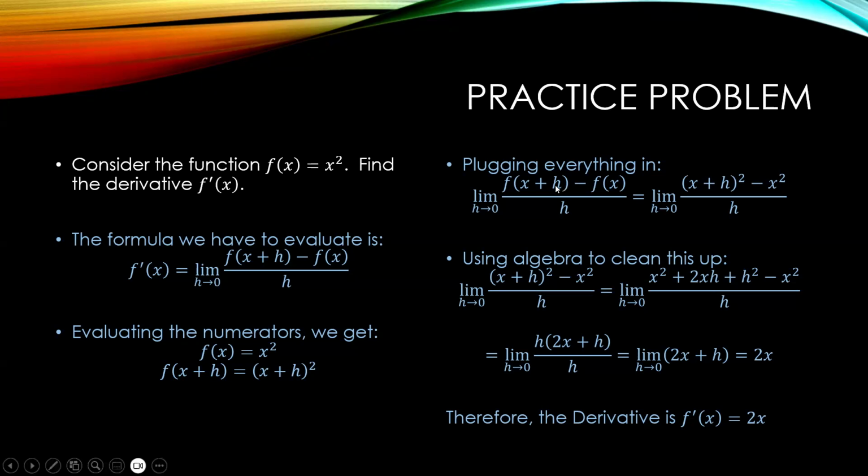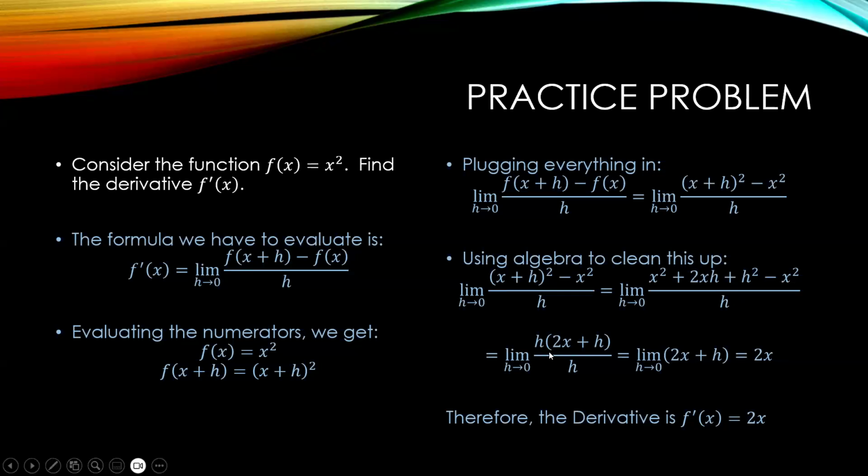And so we will get this limit is equal to the limit as h goes to 0 of x plus h squared minus x squared over h. Well, just like before, we can FOIL out the x plus h squared, and then we can cancel the x squared terms out. After we cancel the x squared terms out, we can factor an h out of the numerator.